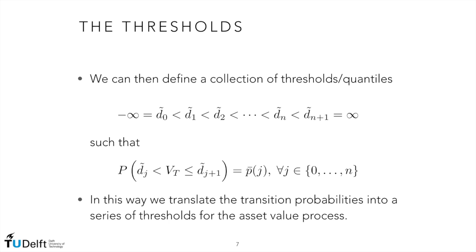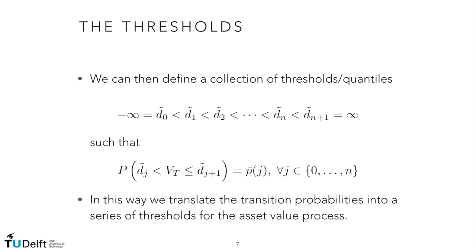Now, let's use the probabilities P_j to define a sequence of thresholds from d_0 tilde to d_{n+1} tilde. I will omit the tilde in the rest of my talk. These thresholds are defined such that the probability that V_T is between d_j and d_{j+1} is exactly P_j.